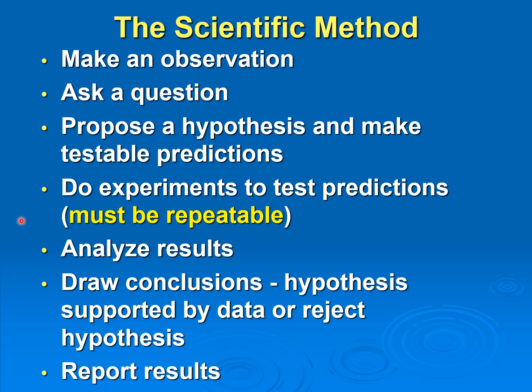The journals that these scientific papers are published in are reviewed by scientific peers who are also experts in that field, and they go through things with a fine-tooth comb and make sure that everything looks good before it's published.